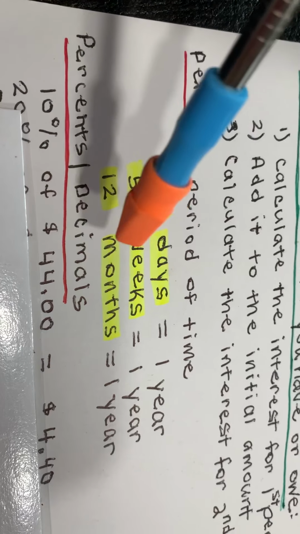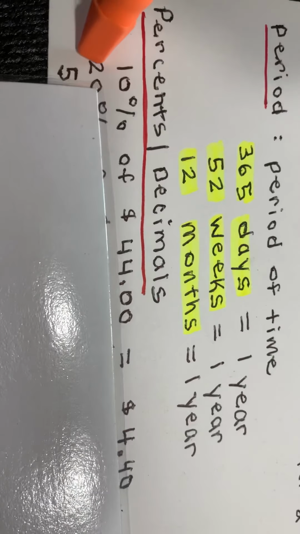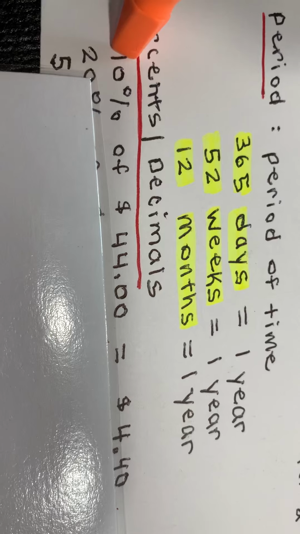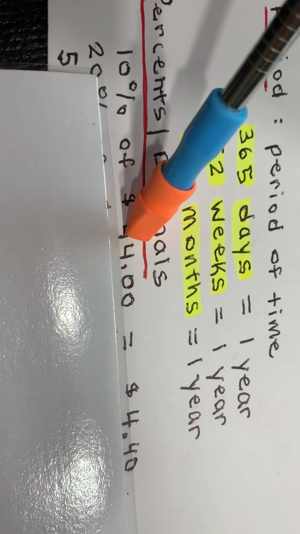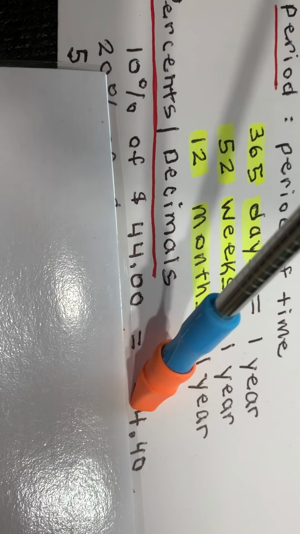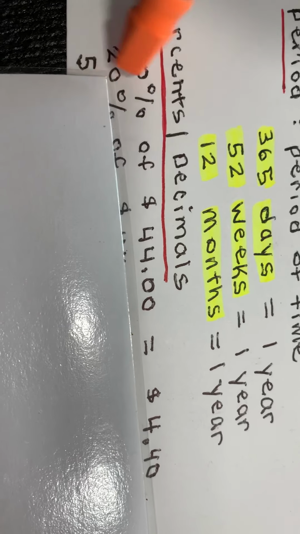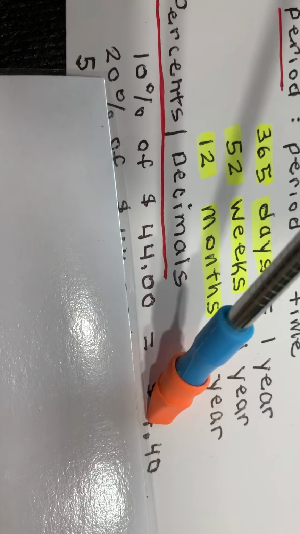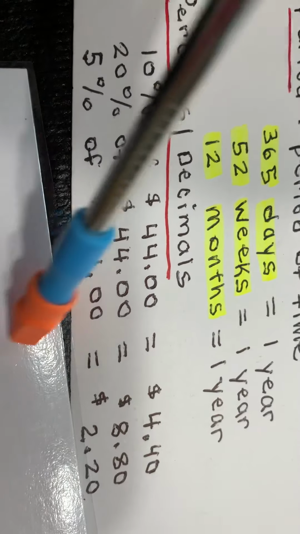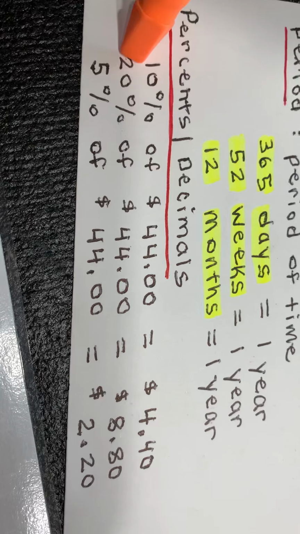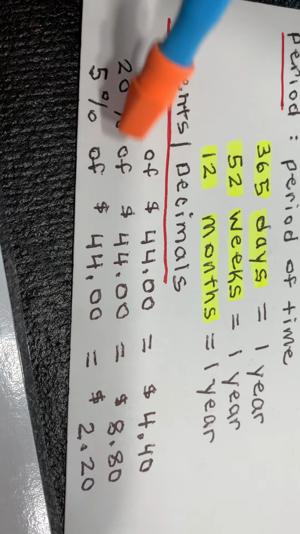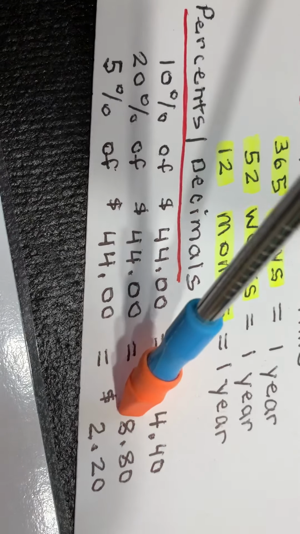If I talk about 20%, 20% is double 10%. So if I know 10% of 44 is 4.40, 20% is double 10%, so 4.40 doubled is 8.80. So 20% of $44 is $8.80.